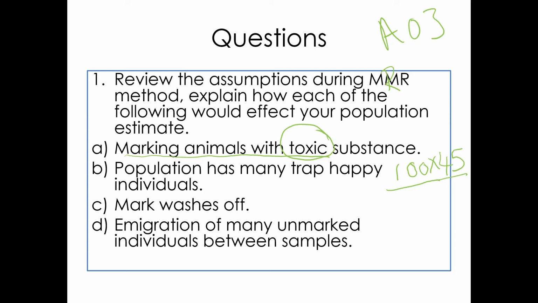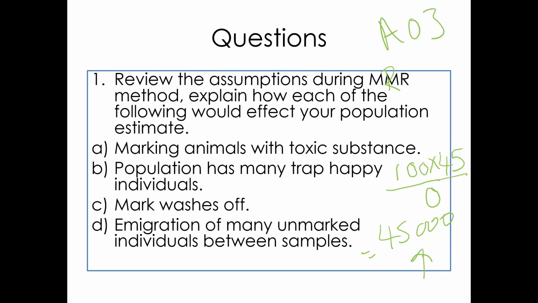So there wouldn't be very many marked individuals left. This number at the bottom wouldn't be 30, it might be 0 or 1. Let's make it 0. Now my estimate has gone up from 150 to 45,000. Because the investigators have broken this assumption, they've got an overestimation in their population.